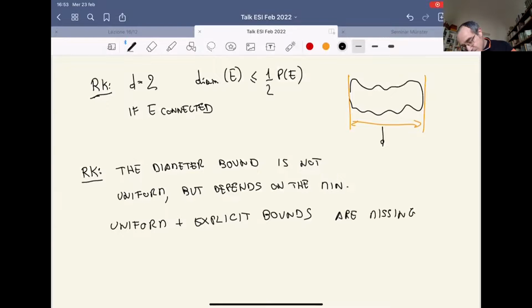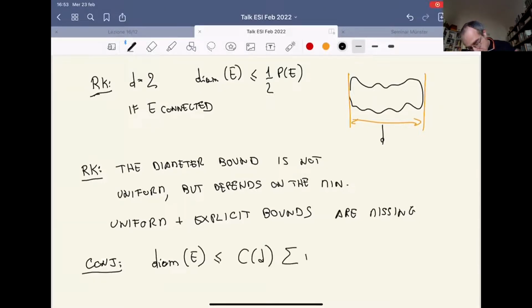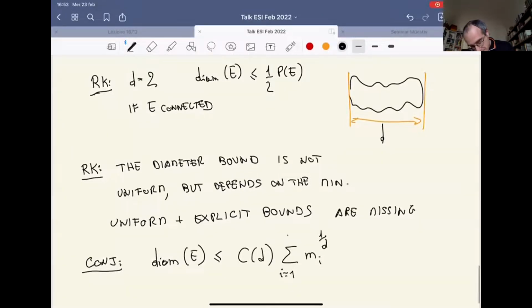And here, if you want, you can just say what is a possible conjecture one could imagine by looking at each chamber separately. One could expect, but I have no idea if it's true, that for a minimizer, some bound of this form could be true, each volume to the 1 over D. But I'm not sure.